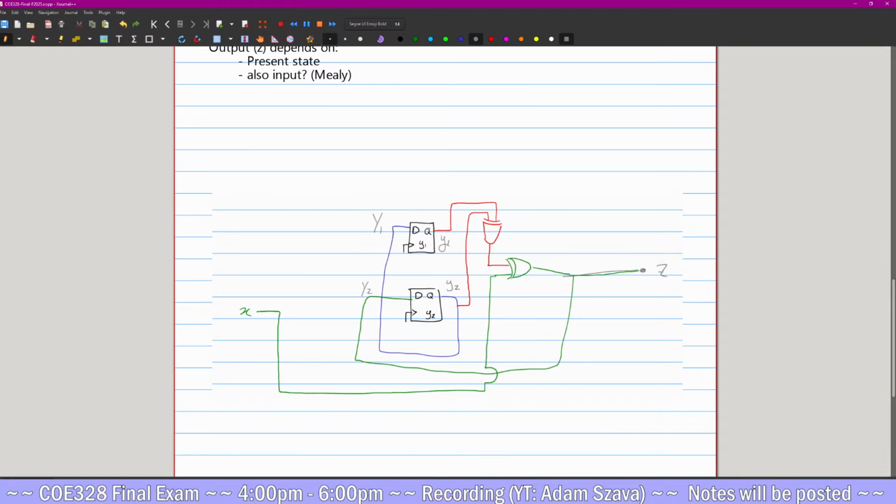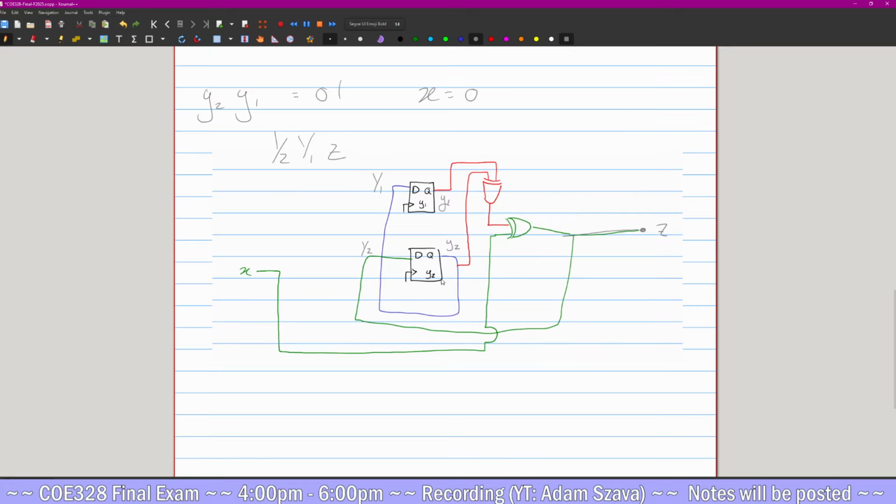So let's say y2, y1 is 0, 1, and x is 0. We're looking for what's capital Y2, capital Y1, and Z. Following through here, this is going to be a 1 and a 0.